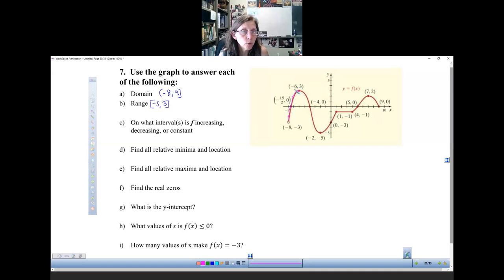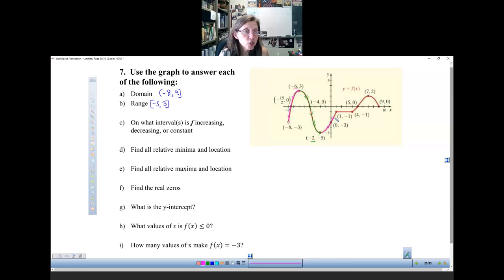Here's a changing point, okay? And then it's going to go down through. Yes, question? Okay, notice it's going to go down through this point here. That's going to be significant later on. And it's going to change here at an x value of -2. It goes back up.